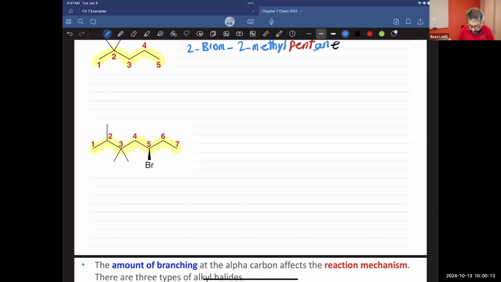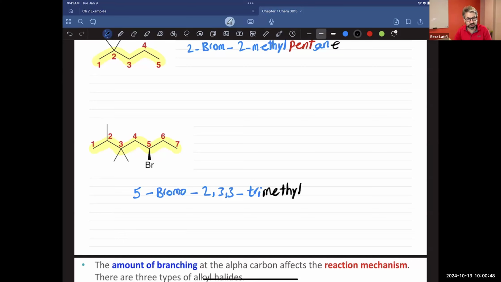So you start with this: we have 5-bromo. Next, on the second and third carbons, I have methyl groups. So on the second, one methyl group; next, comma, on the third, another methyl group. I have another methyl group, so I put the third locator number again, and so 2, 3, 3. I have 3 methyl groups, so I'm going to say tri, and then I say methyl.